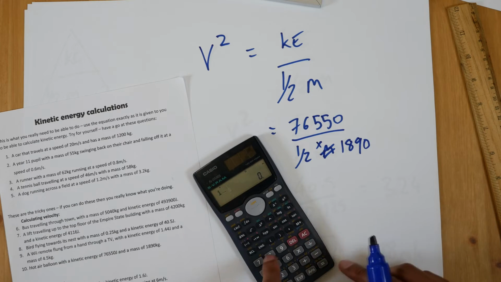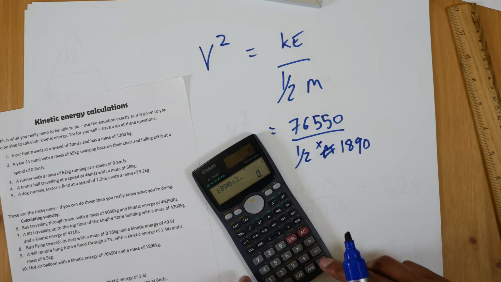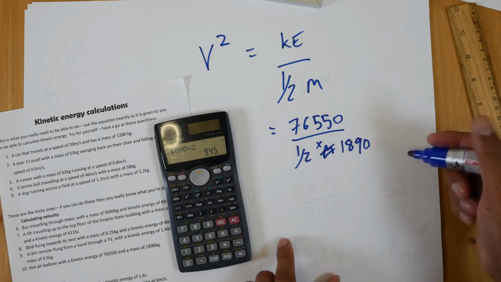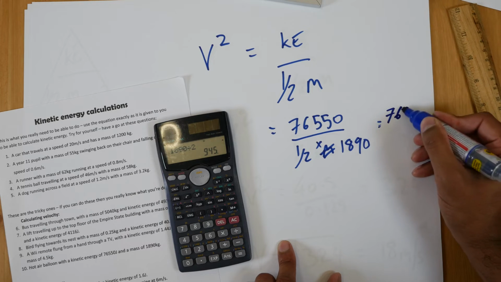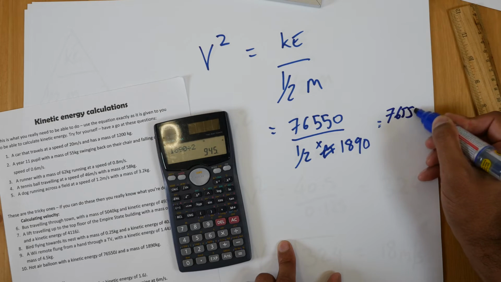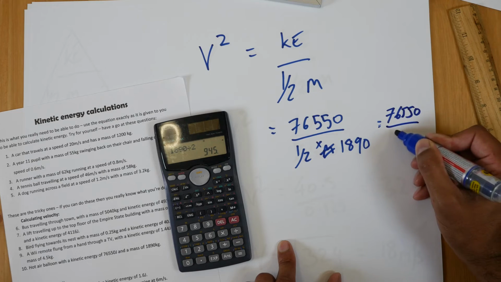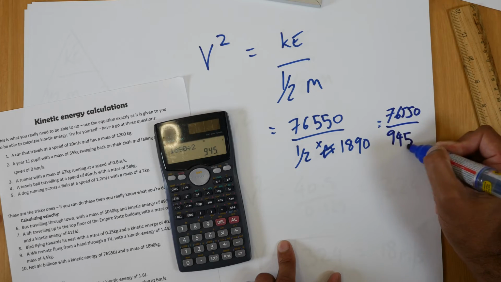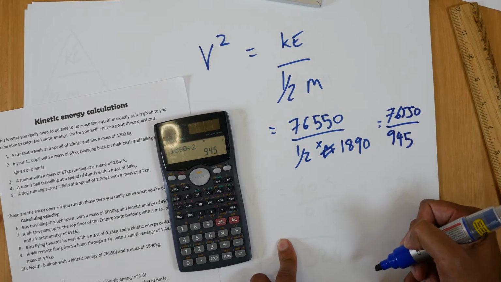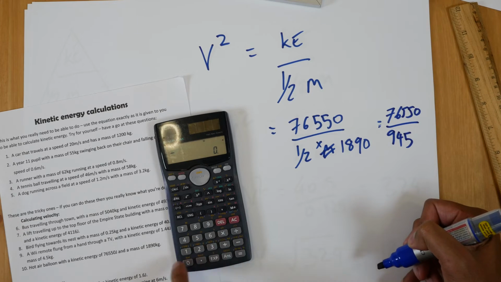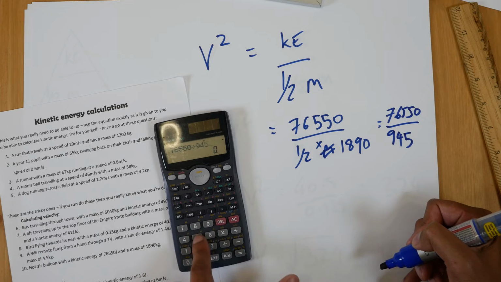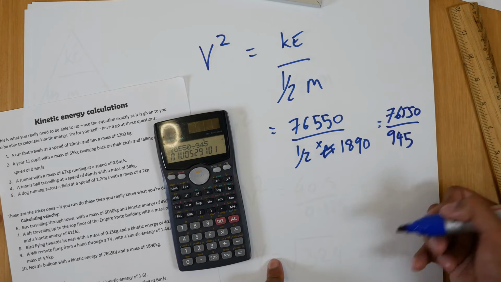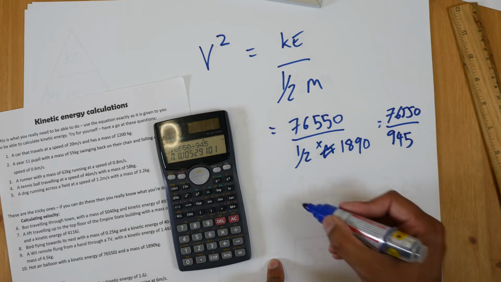So all it is 1890 divided by 2, which is 945. So that's the same as saying 76,550 divided by 945, like that. Okay, so let's work that out. 76,550 divided by 945, and it gives us, I'm going to call that 81.